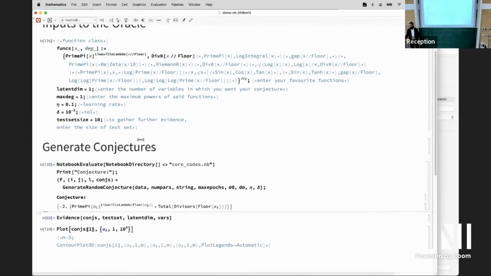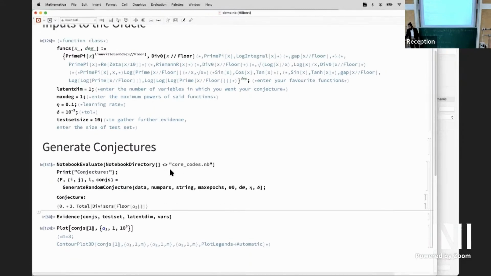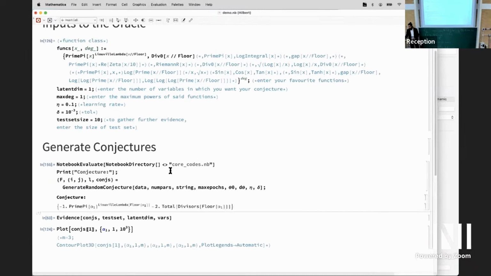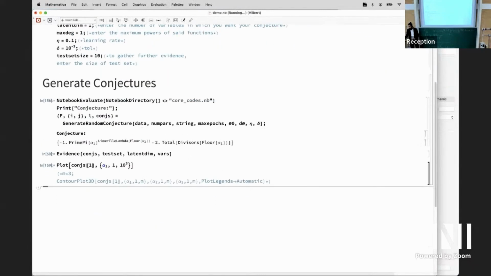Probably that's the right notation. So this is a trivial conjecture. All right, let's have a look.